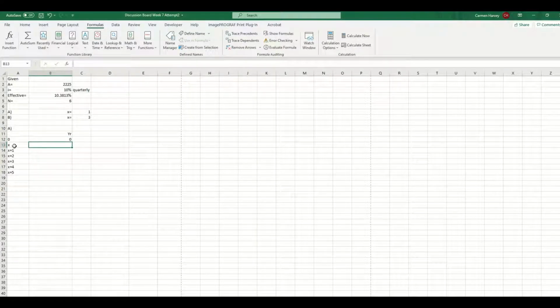Then for part A, x equals 1, and x plus 1 would be 1 plus 1, and then 2. Pretty sure there's faster ways of doing this. I'm just making sure that I get all the numbers in there.